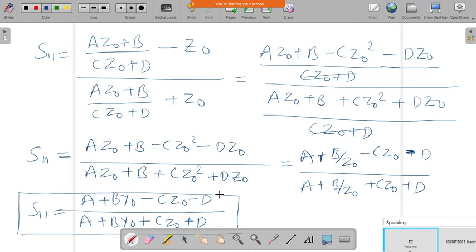Similarly we can derive S12, S21 and S22.